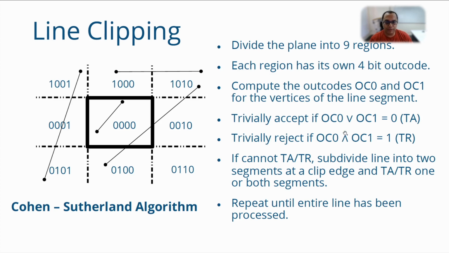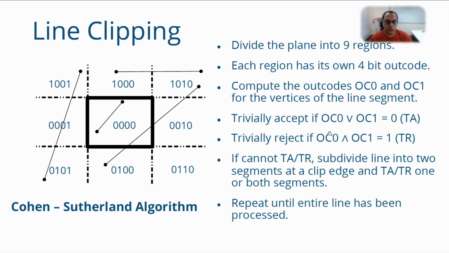Now you do a bitwise AND between the components, and you have to check whether you get a 1. But if you do a bitwise AND of 1 0 1 0 and 0 1 0 0, all the bits, you get zeros.